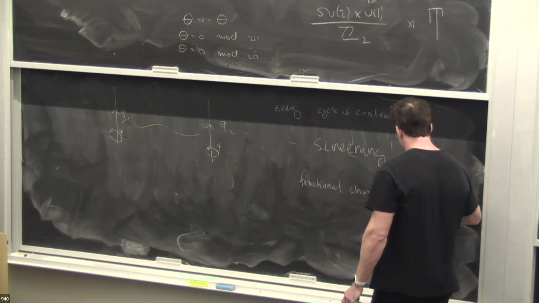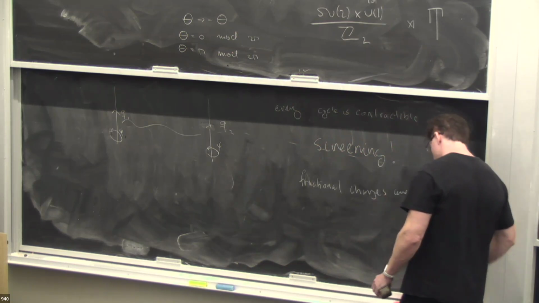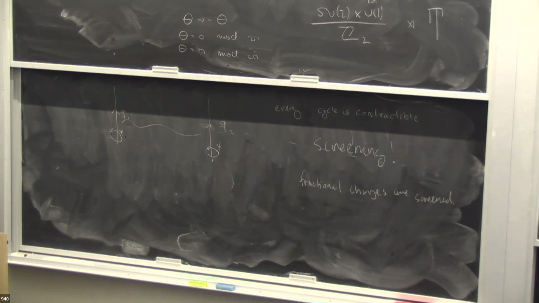And that is really what makes this model different from anything that I have seen before in 2+1 dimensions. Because the idea that integer charges can screen fractional charges is something that Coleman found in 2 dimensions in the Schwinger model, but it's not been considered as a possible outcome of any of these models in 2+1 dimensions.